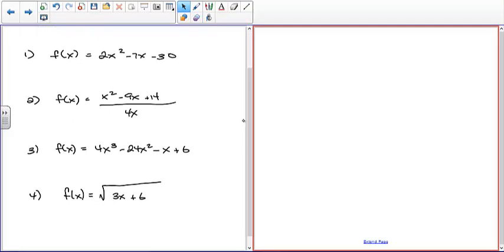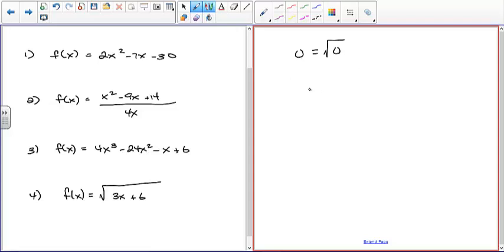Okay, the next one is a square root, and we can't have x such that we get a negative argument, but we know that the function is equal to 0 when the argument of the square root is 0. The only way you can get 0 is to take the square root of 0.